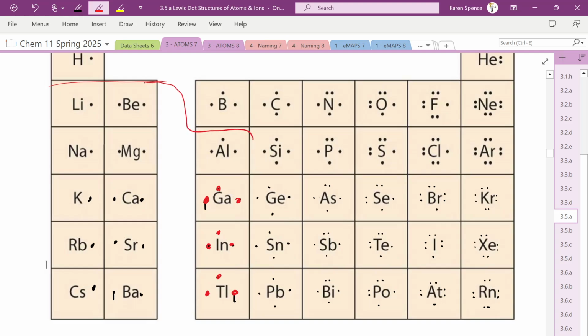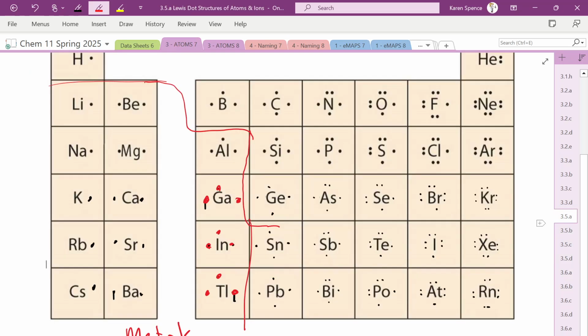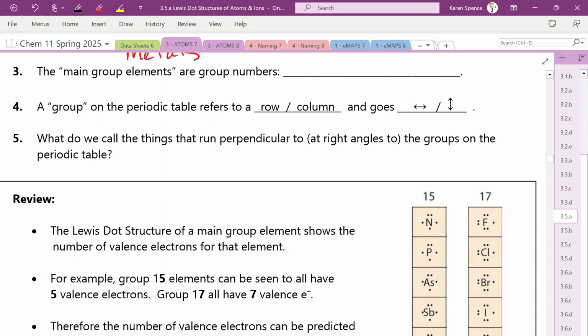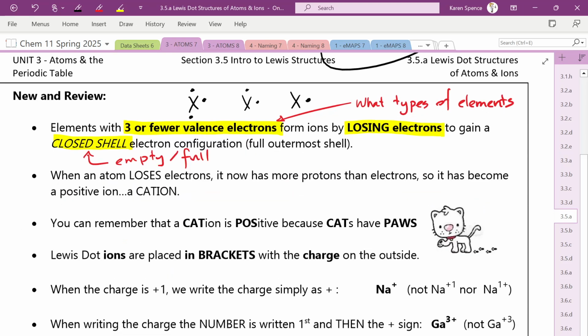All of these guys here, they are all metals. Okay? Metals. So metals tend to form ions by losing electrons.